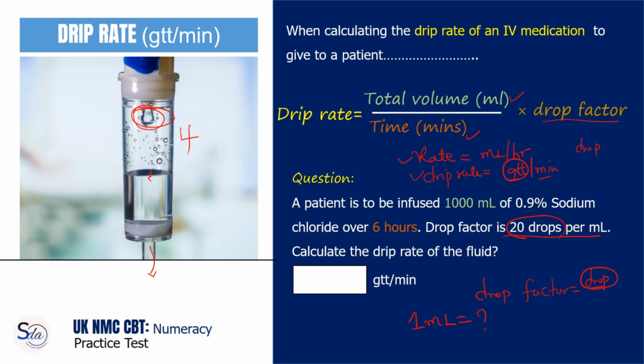Let me know if it's really confusing, and I'll try as much as possible to expatiate a bit more. Ask yourself, how many drops make 1 ml? That's the actual sense, and that is normally what the drop factor is all about.